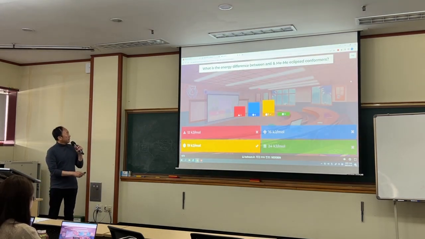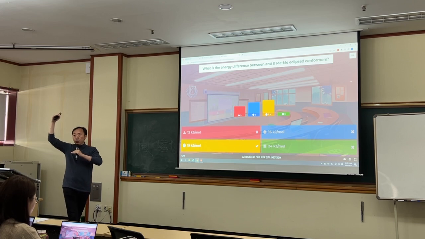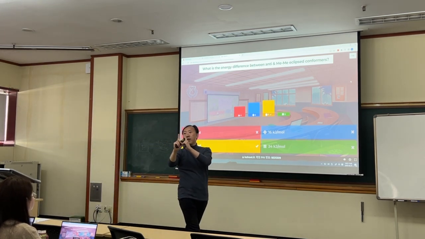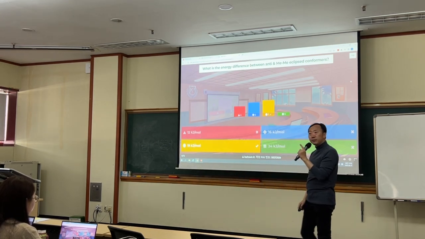Okay, this is the most stable, this is the most unstable, bottom to top. In ethane, there was a 12 kilojoule per mole. In butane case, methyl versus anti, it's about 19 kilojoule per mole.